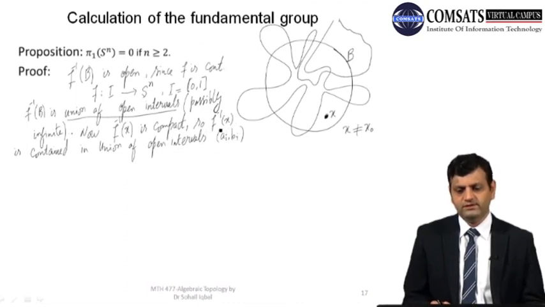Now f inverse x is compact, so the compactness says that every open cover of f inverse x has a finite open subcover. Okay, so this f inverse x is contained in this union of open intervals, which could be possibly infinite as well.